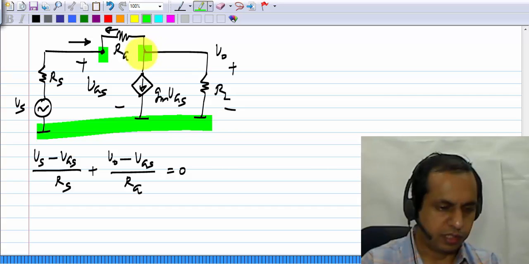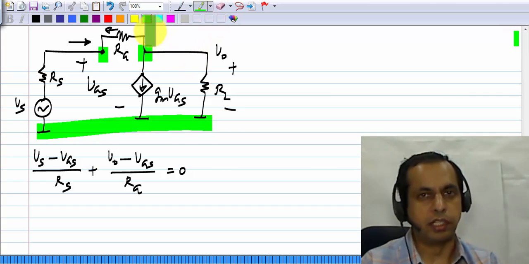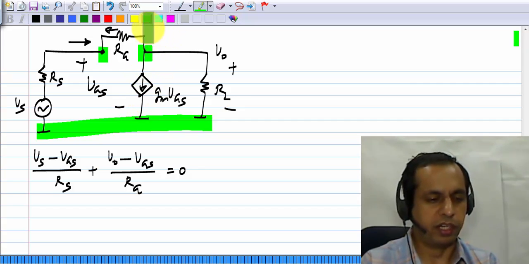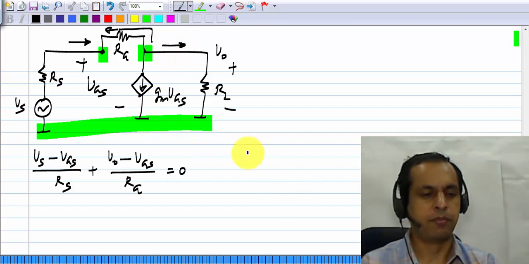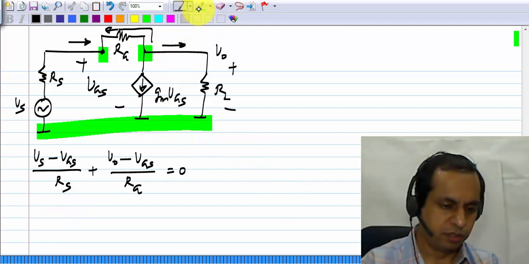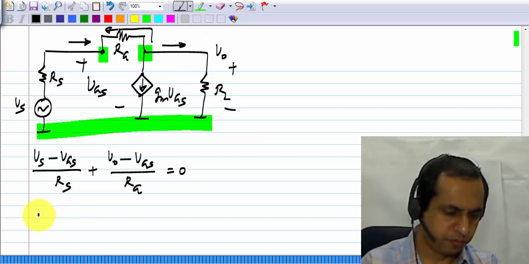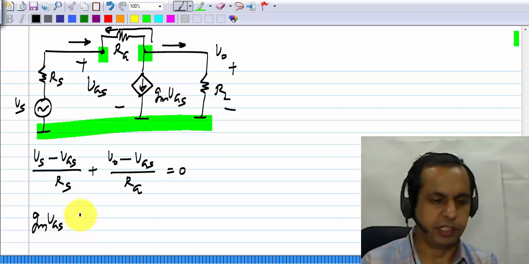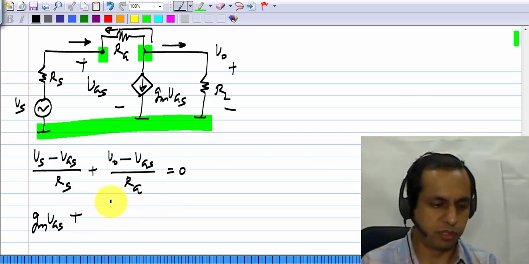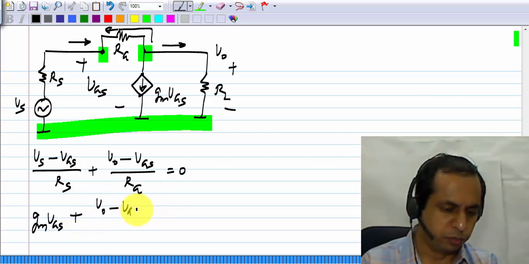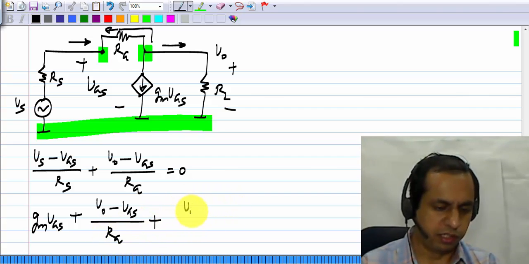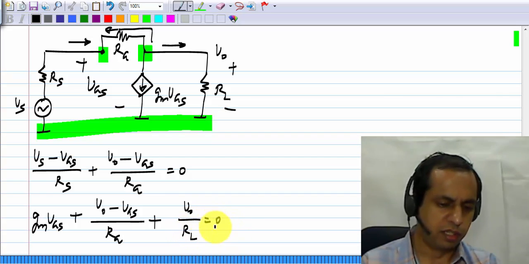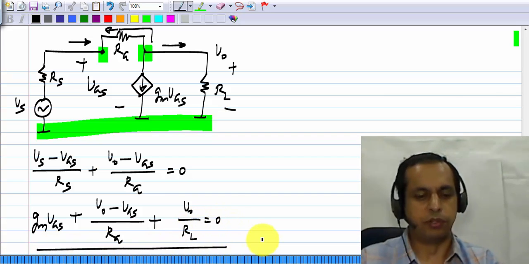And at the output node, we can consider either currents flowing into the node or away from the node. Since GM is already flowing away, I will take all the currents going away. The current flowing out here, that is GM VGS, plus the current flowing out in RG is VO minus VGS by RG, plus the current flowing out in RL is VO by RL, and all these things sum to 0.